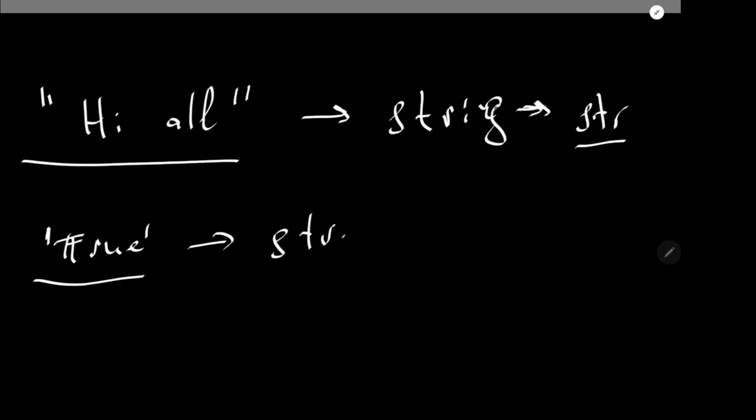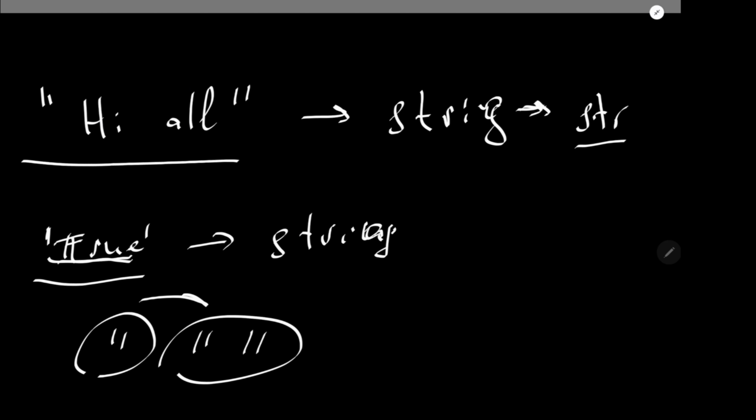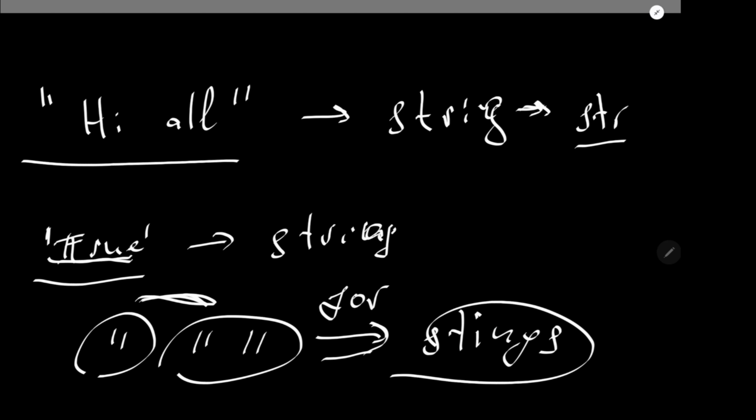It is string also, because it doesn't matter whether you write true, false, some numbers, or some text inside. If there are quotes, it means string. And it doesn't matter what type of quotes you use, single quotes or double quotes. Both of them are the same thing. There's no difference in Python. These are strings.